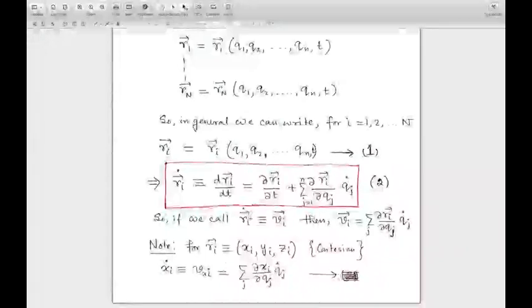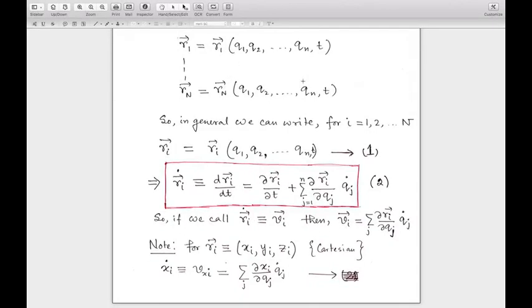We call Ri dot Vi vectorially. If in these transformations we don't have any explicit time dependence, then this term vanishes. I have not mentioned that explicitly, sorry. We simply have the vector Vi equal to the summation over j of del Ri del qj times qj dot.